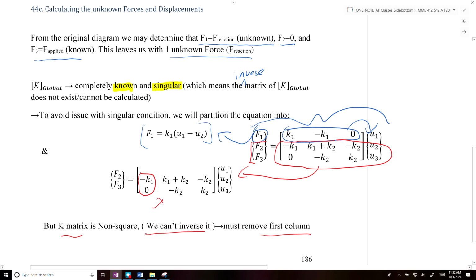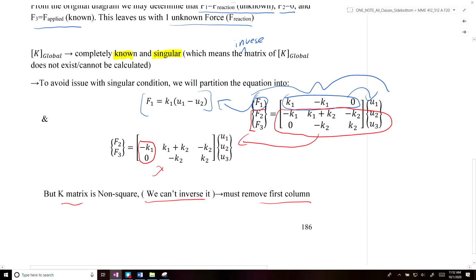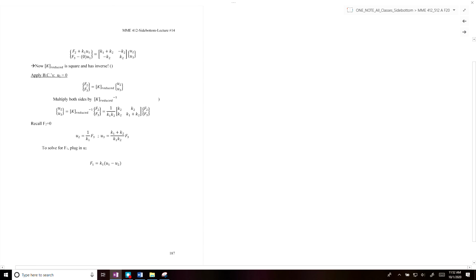If we go to the next page, all we're going to do is multiply these first two values by U1, and then subtract those products from F2 and F3.